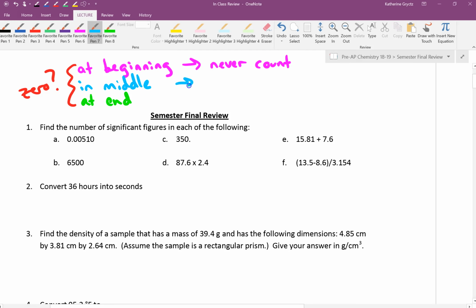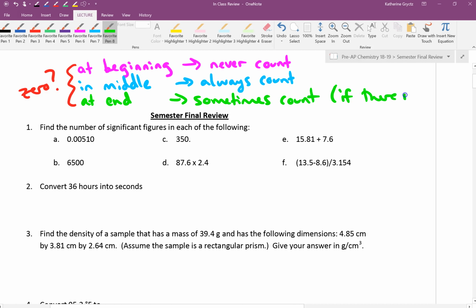If 0 is in the middle, always count it. And if 0 is at the end, sometimes count it, if there is a decimal shown. So if you see a dot in that number, you're going to count zeros that are sitting at the end.